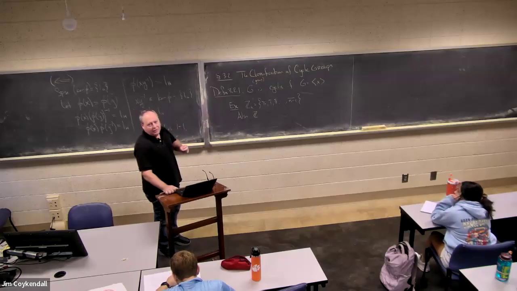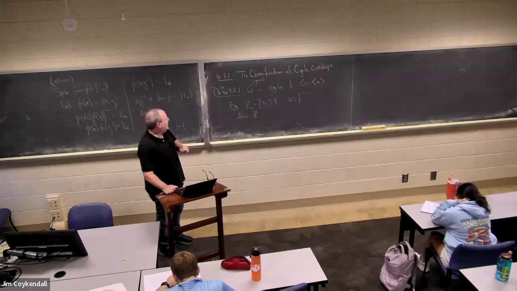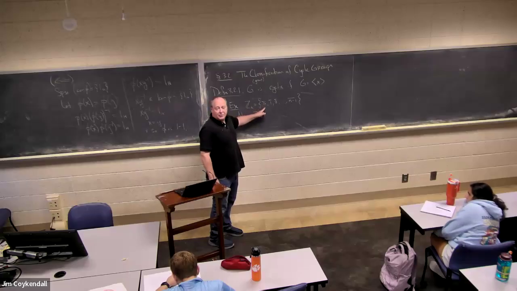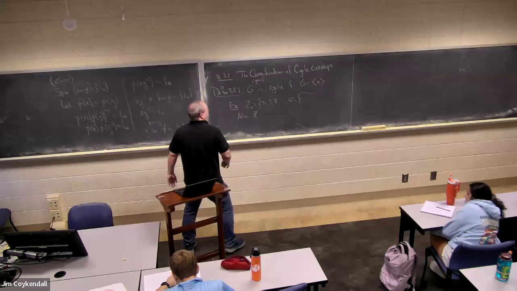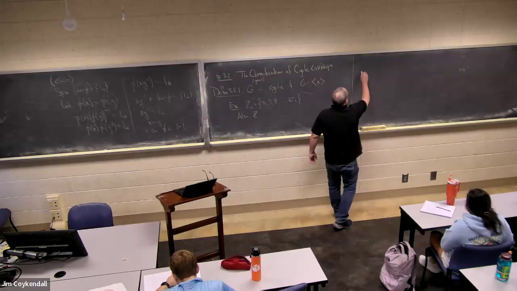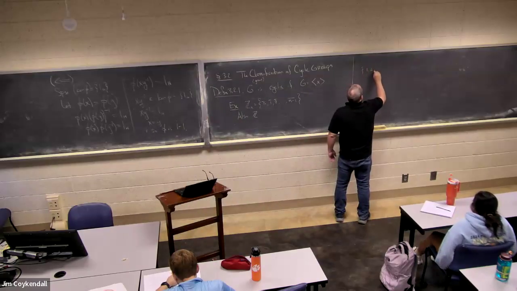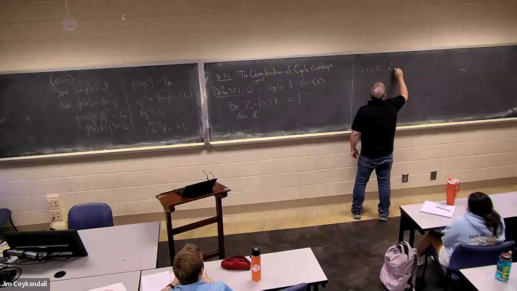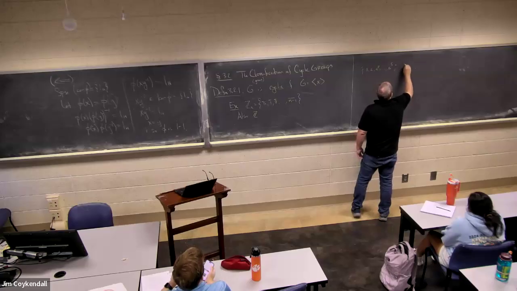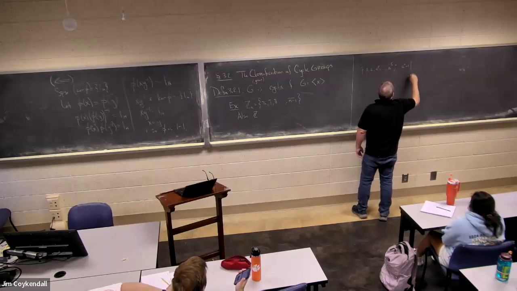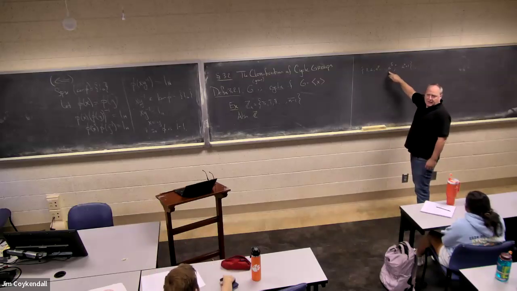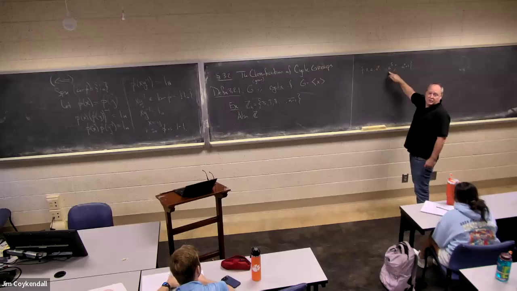If you have any cyclic group on the planet, if it's finite, you may write it differently. You might write the group something like this. This group is written multiplicatively, but it's isomorphic to Z6, for instance.